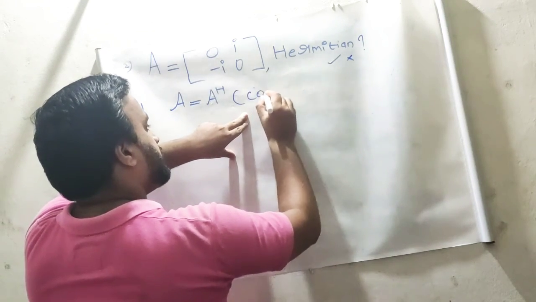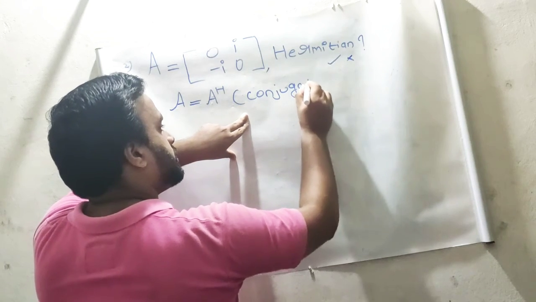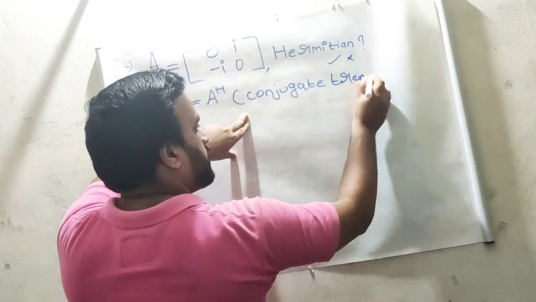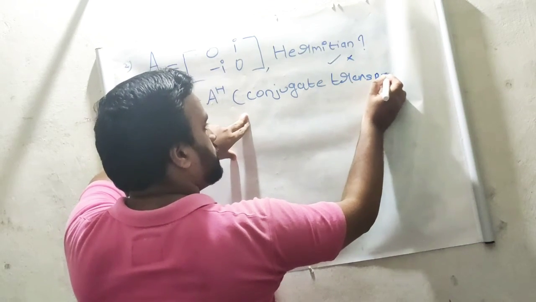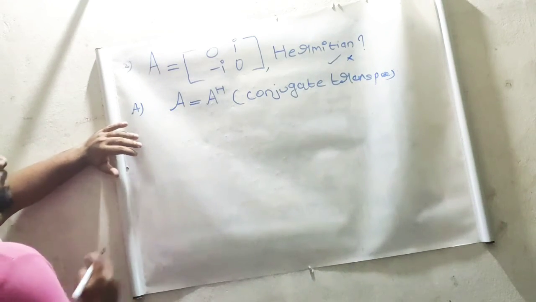What is AH? AH is the conjugate transpose. So let's check this condition.